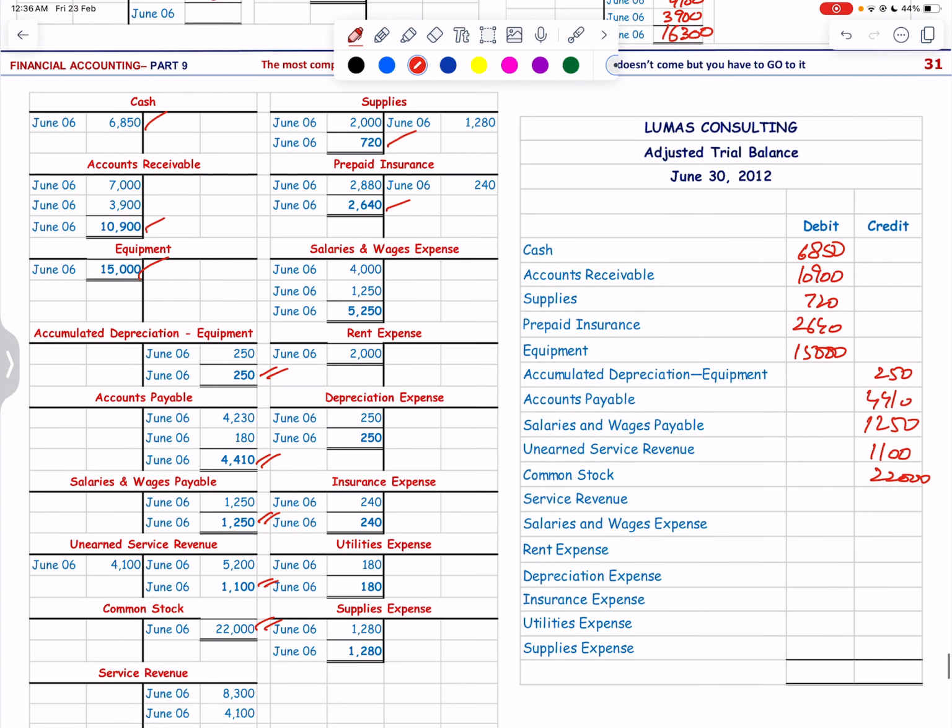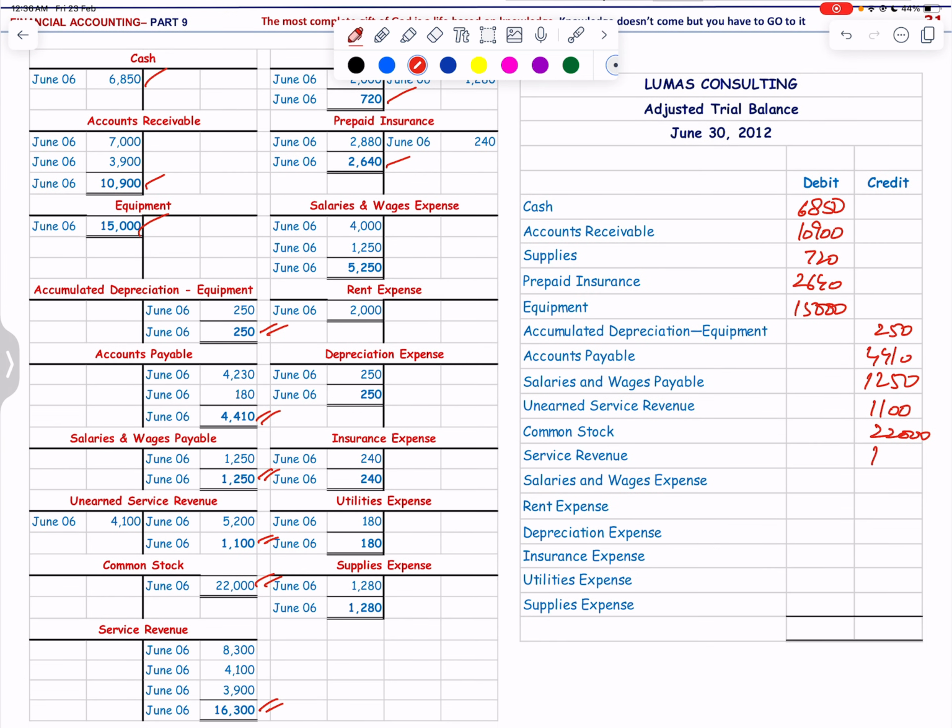Then we have service revenue 16,300 credit. Salaries and wages expense is 5250. Rent expense is 2000. Depreciation expense is 250. Insurance expense is 240.